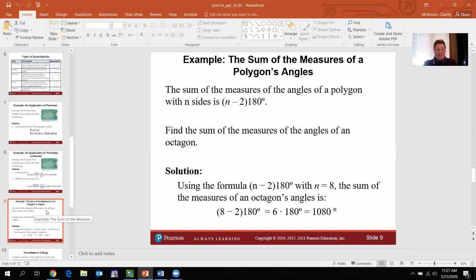This next big idea is, what else can we tell about these polygons?